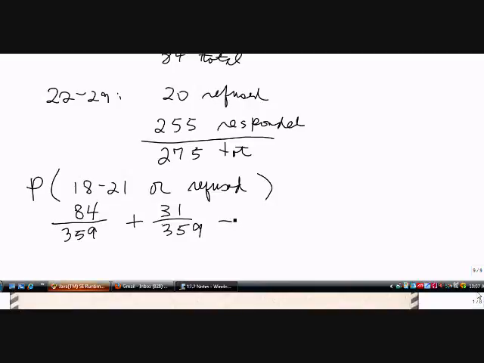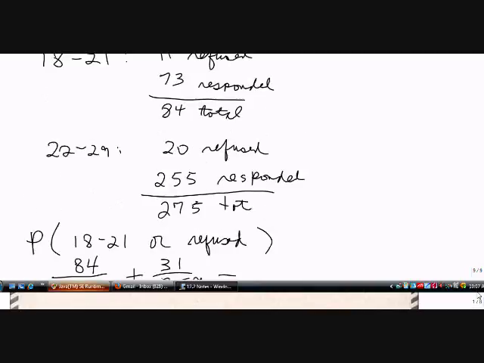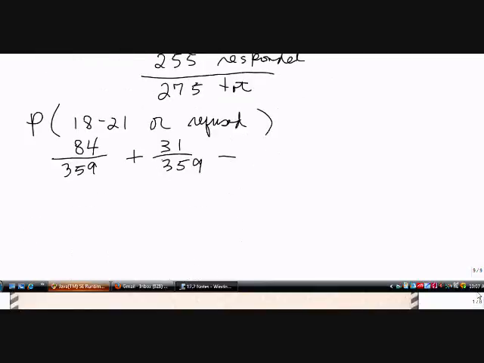Now I got to count the number of people who are in both groups. They're in the 18 to 21-year-old group and they refuse to respond. I have 11 of those that are 18 to 21 and refuse to respond.